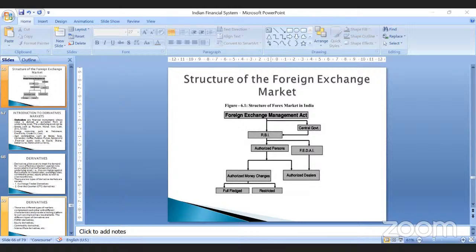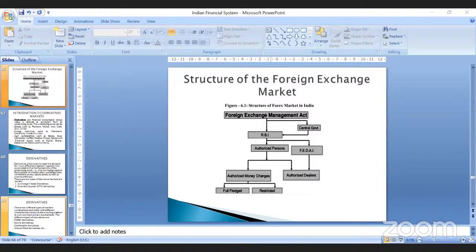As the name itself indicates, money changers change one currency into another currency, but these are corporate bodies licensed by the Reserve Bank of India.